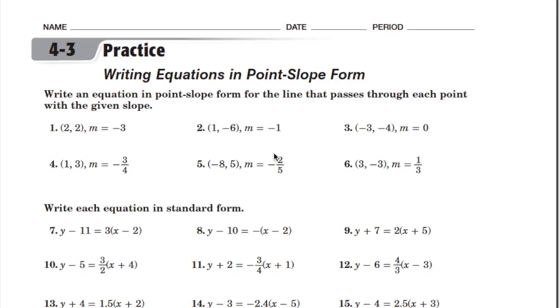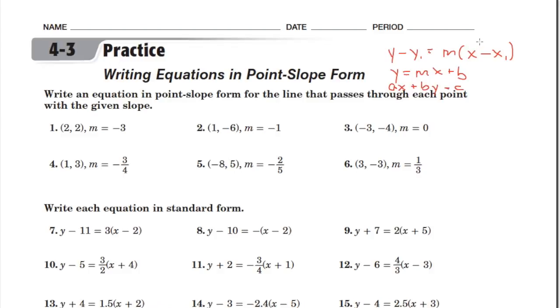For worksheet 4.3, we're talking about writing equations in point-slope form, and we briefly touched on that at our Pi Day seminar, and that format is y minus y1 equals m parentheses x minus x1. And just to review, slope-intercept form is y equals mx plus b, and standard form is ax plus by equals c.